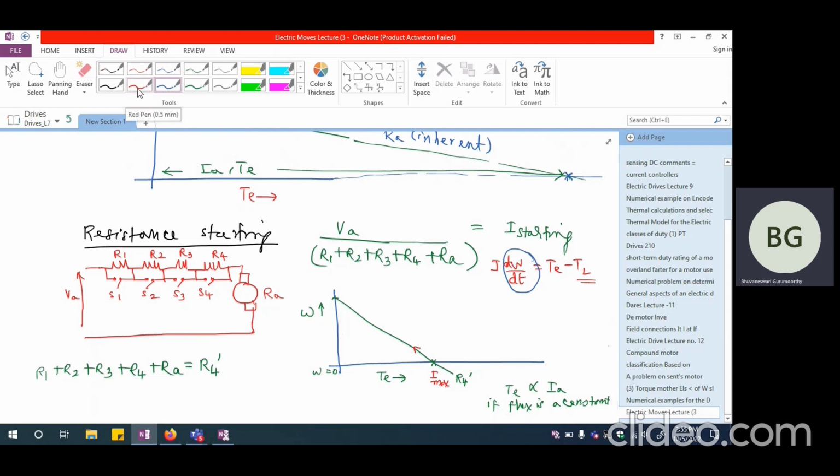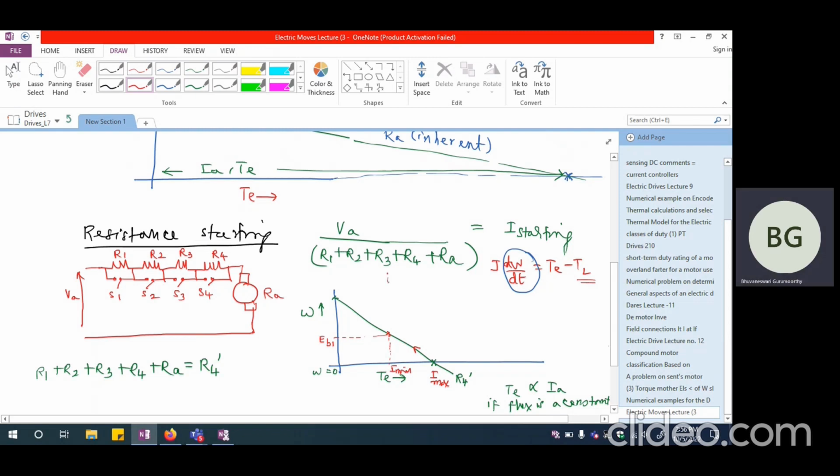And let us say when it has reached this particular speed, maybe the back EMF is something like EB1. So this is going to be the back EMF at a particular speed. Corresponding to that, let us say the current I am getting here is I minimum. So I want at least a minimum amount of torque to be developed during the starting process.